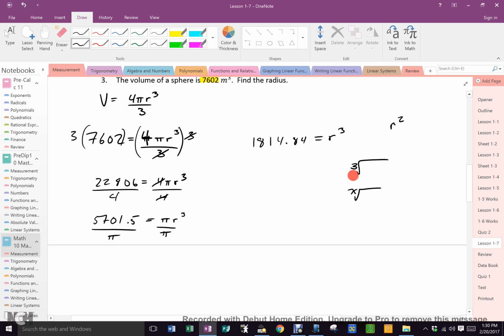Okay. How many of you have a cube root button? The 3 with the little check mark. Okay. So for you guys, you're going to hit either that button and then 1814.84 and then possibly equals, or 1814.84 and then that button.